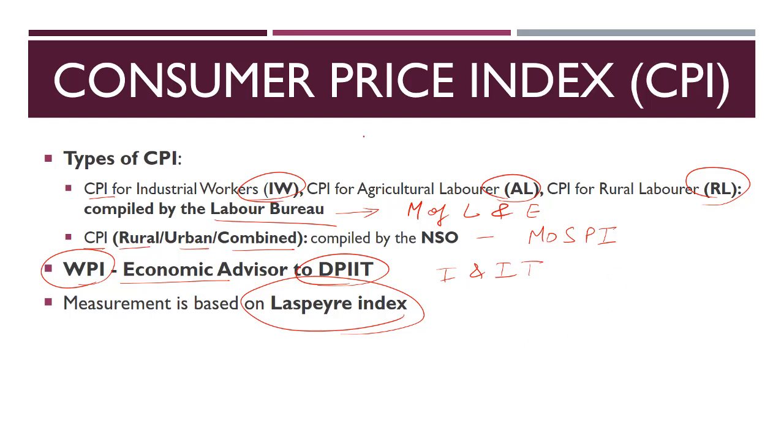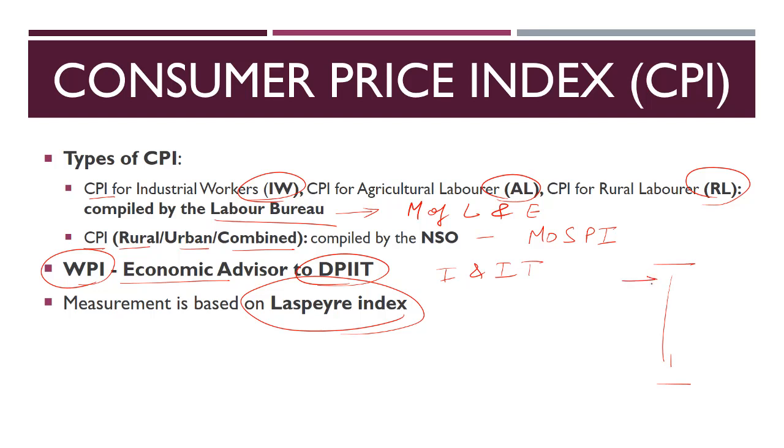In all these indices, we basically have a basket of commodities which the consumers use in that particular area. For example, let's say I am a person whose consumption the government wants to measure. So they will come to me and ask, sir, what are the items which you used in the previous month?